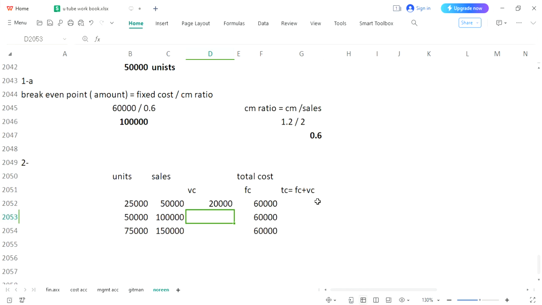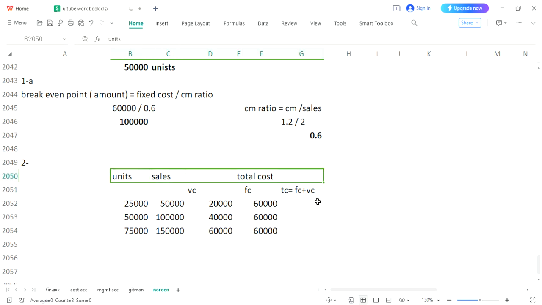Now again, units multiplied by per unit 0.8. Then third, number of units 75,000 multiplied by 0.8. In this way we have calculated our variable cost, fixed cost and sales.